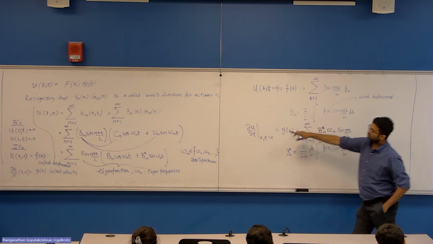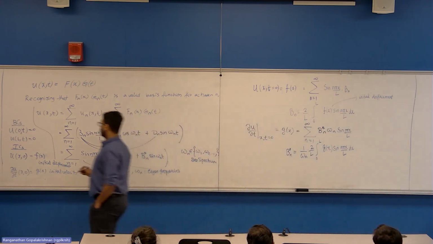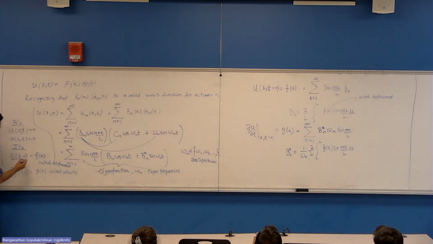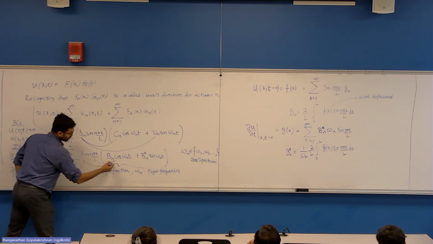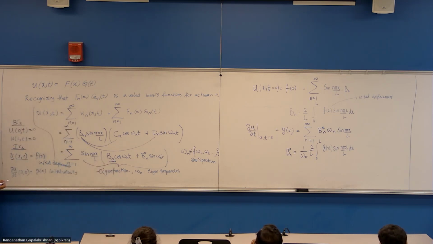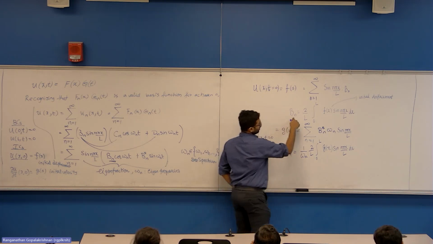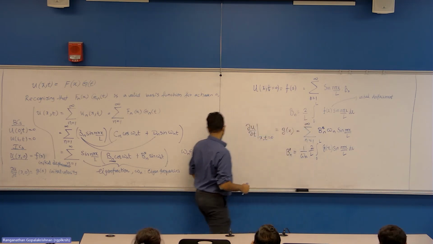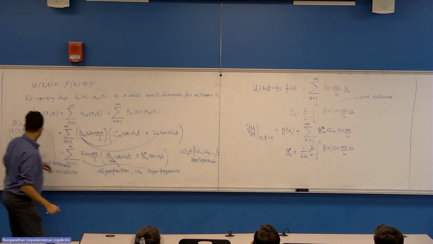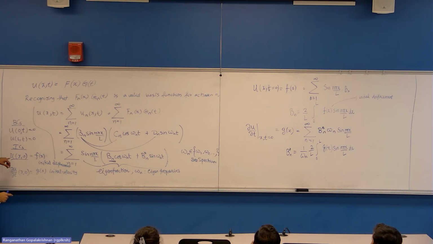You observe here, if u is a displacement, Bn also has the same unit as u. So it should have the same unit as u. So you have a length here.